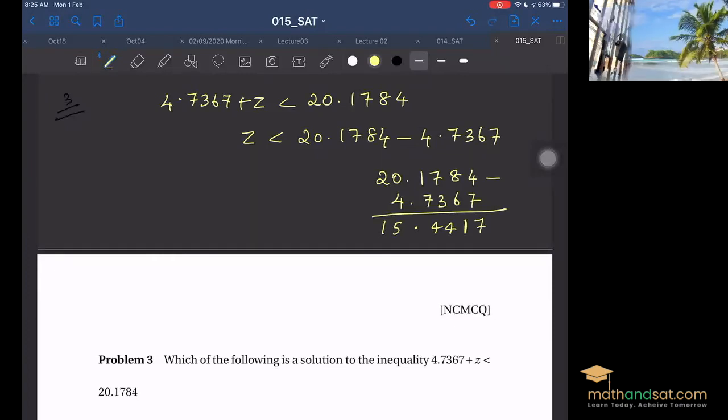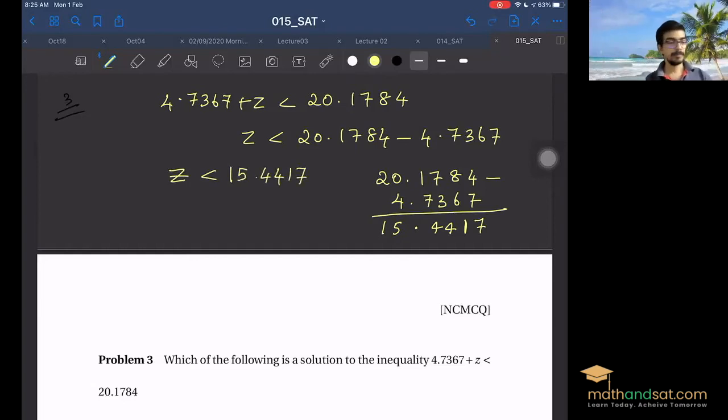So we have z less than 15.4417. This is clear. If you have a calculator, it is better to pick it up, since most probably this question will fall under the calculator section. But even if it appears in a non-calculator section, you should be able to do it.